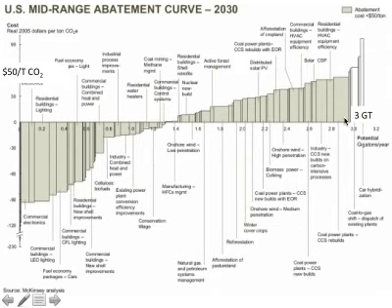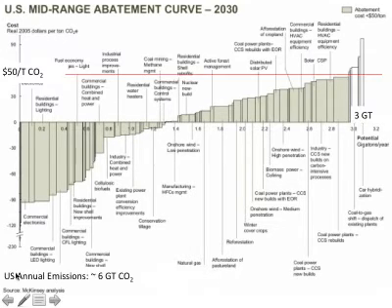Now you ask yourself, is 3 gigatons a lot? The United States annual emissions are about 6 gigatons of carbon dioxide per year, and so 3 gigatons represents half of our emissions. Now, these implementation strategies cost us money. If we were to implement a carbon tax of $50 per ton of carbon dioxide, the amount of money that we would have to pay to reduce our carbon dioxide emissions would be less than the amount we would have to pay in tax if we emitted the carbon dioxide.